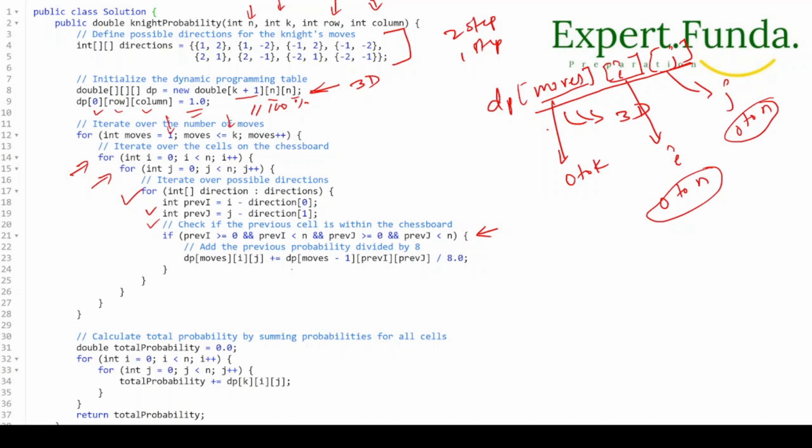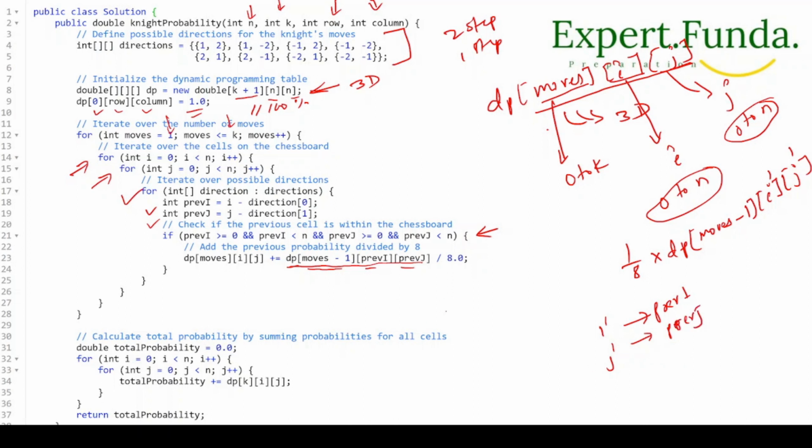And we say dp at moves, i and j, plus equals 1 by 8 of dp at moves minus 1, i dash and j dash.